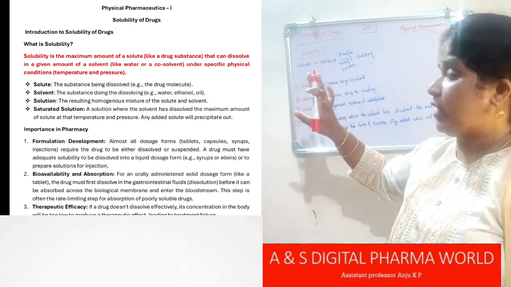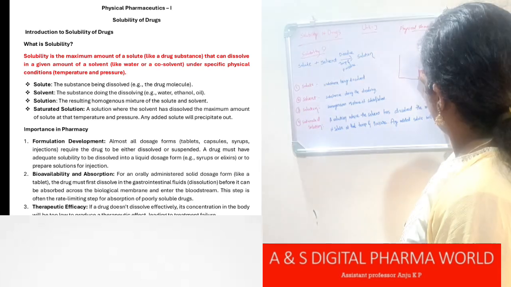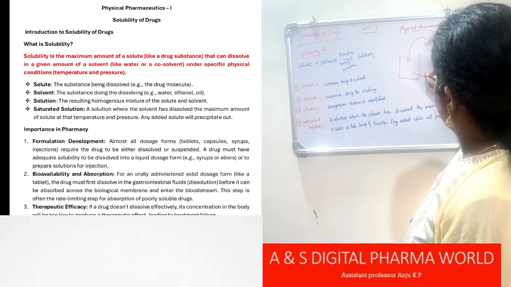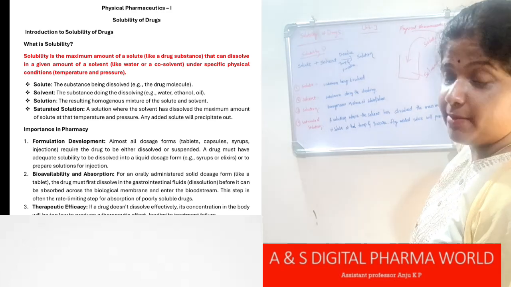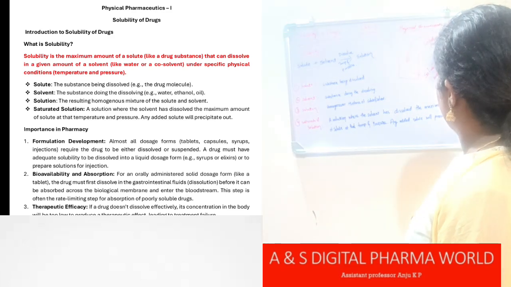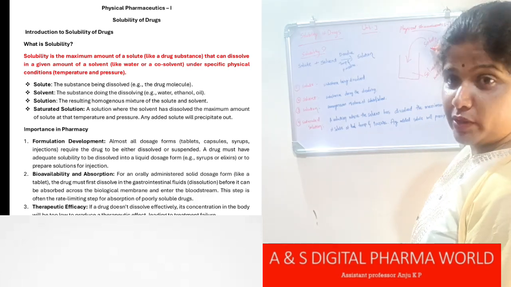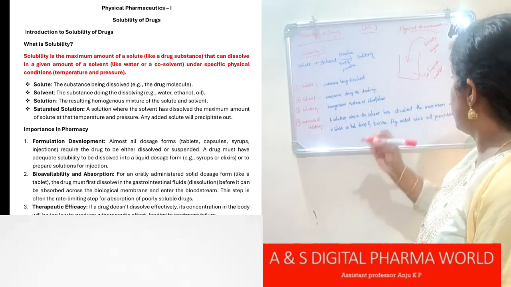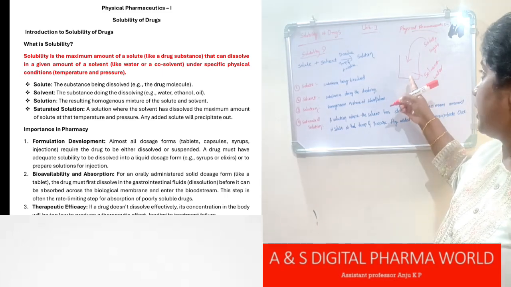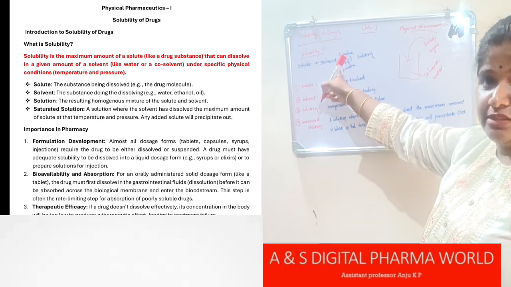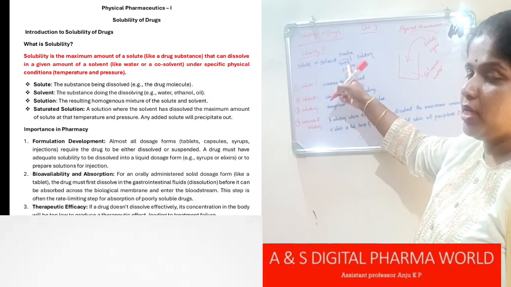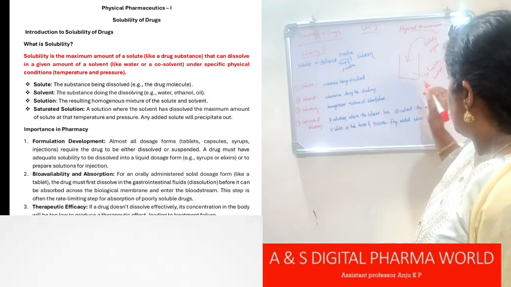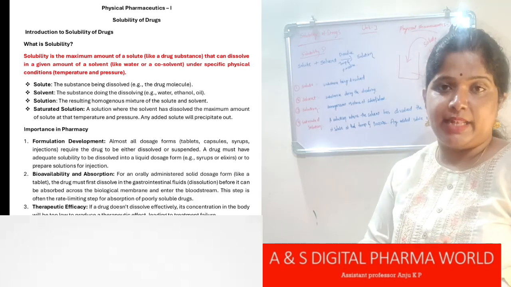When we take a solvent in a beaker, for example water, and add the solute, imagine sugar, the solute gets dissolved under the specified temperature and pressure to give a homogeneous solution of solvent and solute.